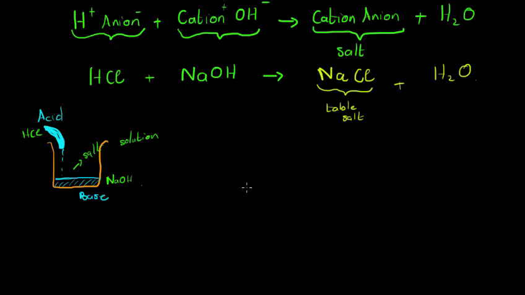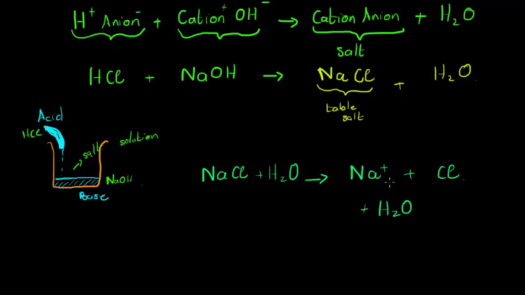Now what happens when you add something to water? It dissociates. So what do we have? We have Na plus and Cl minus. Now the water itself, remember, water H2O is still part of this process.